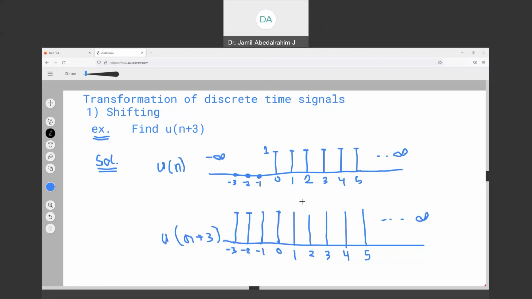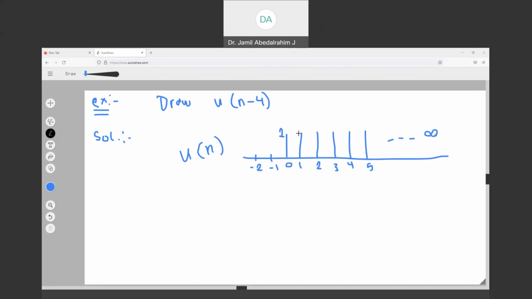Okay. Now we take another example to see how we do the shifting to the right side. Look at this example. We need to draw u of n minus 4. So this is our original u of n from 0 until plus infinity.